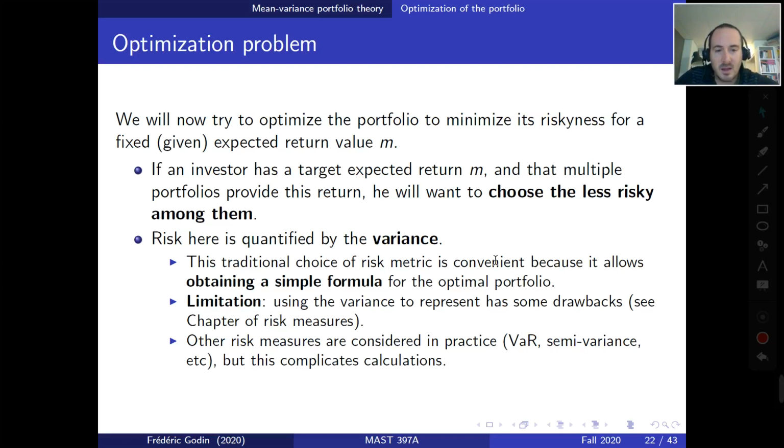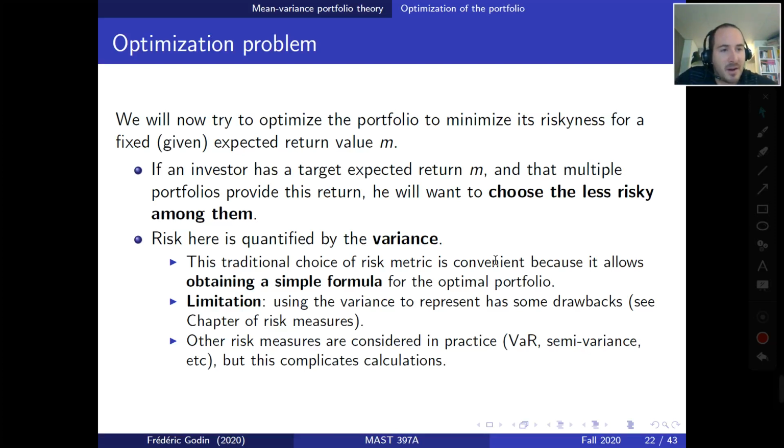This makes a lot of sense, and furthermore, we're going to see in what follows that the variance is very tractable. So using this metric allows us to obtain a simple formula which will solve our optimization problem.